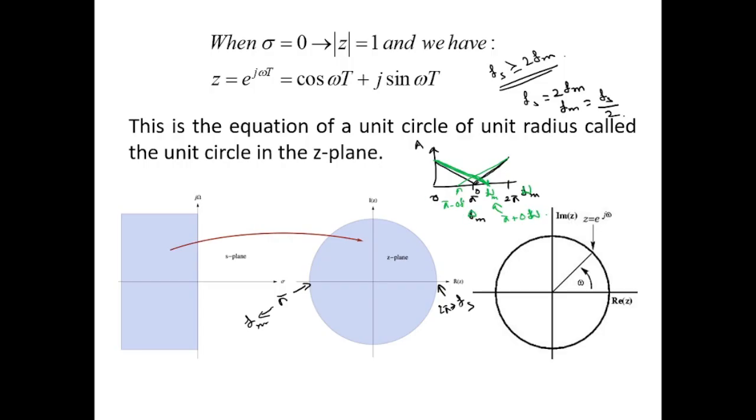So omega m was the high frequency component, and herein when it is repeating for the mirroring one, this is the low frequency component. So the high frequency component and the low frequency component are mixing, and when they are mixing, this phenomenon is called aliasing.